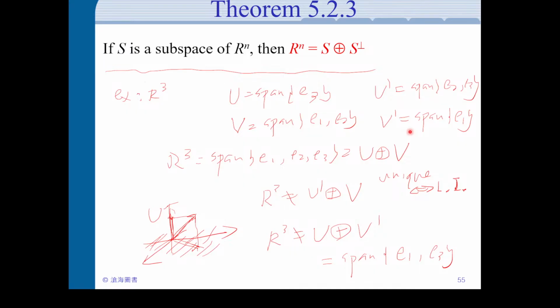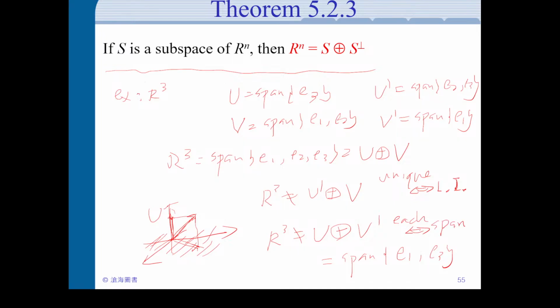Things in this E2 cannot be written as a linear combination of U and V prime, and so here we see the "each" condition corresponding to the union of bases spanning the whole space.